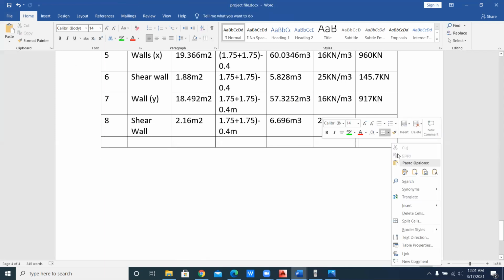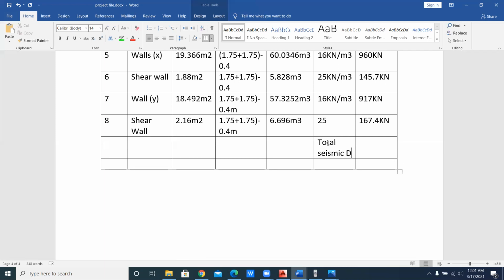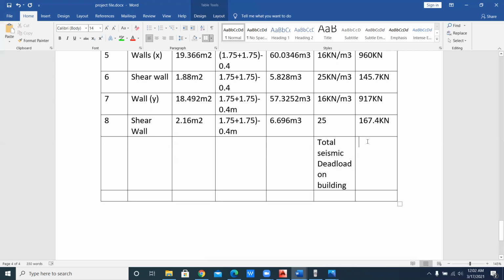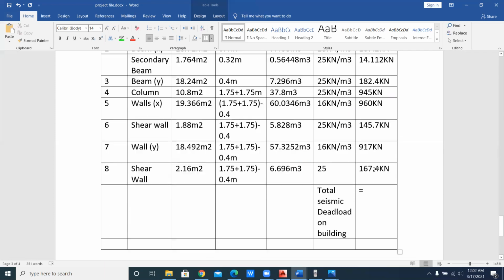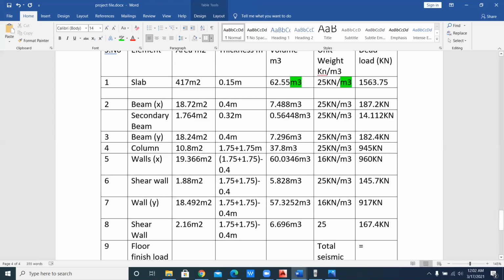And here I'm going to insert row below, and insert again. Now total. What is basically the total dead load on the building? When we add all these, I think I forgot one load: 9.1, that is floor finish load, which I applied at the end.